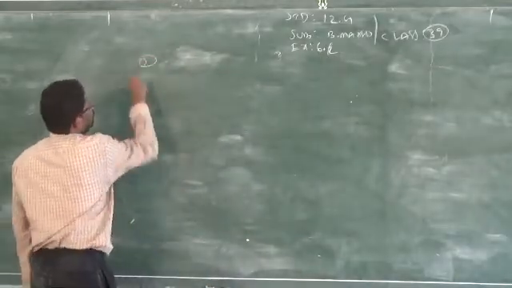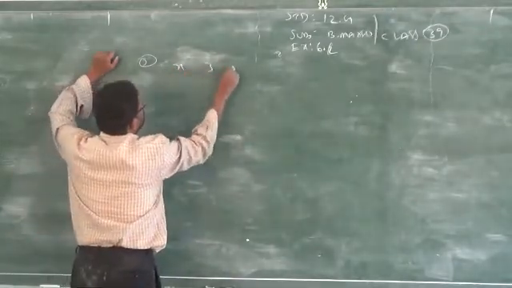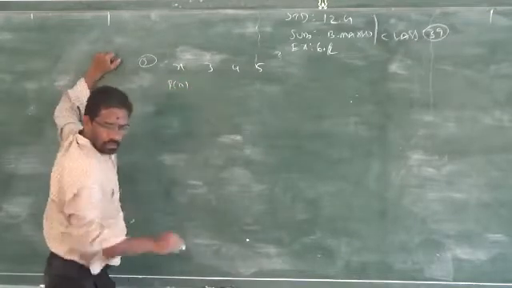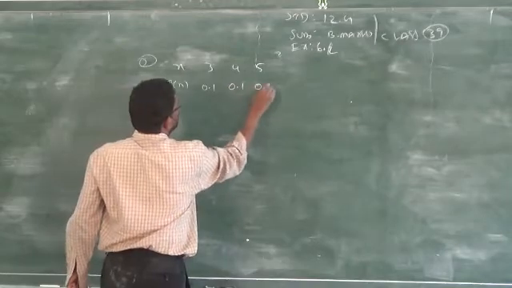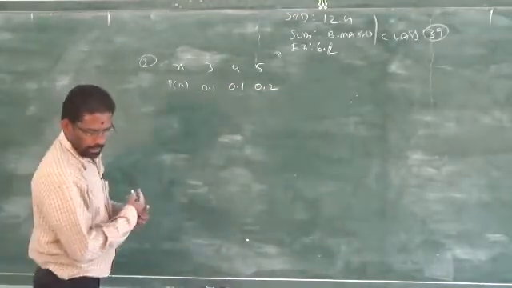Sum number 3, it is given. Under x, it is given 3, 4, 5. The probability of 3, 4, 5 is given 0.1, 0.1, 0.2. Clear?